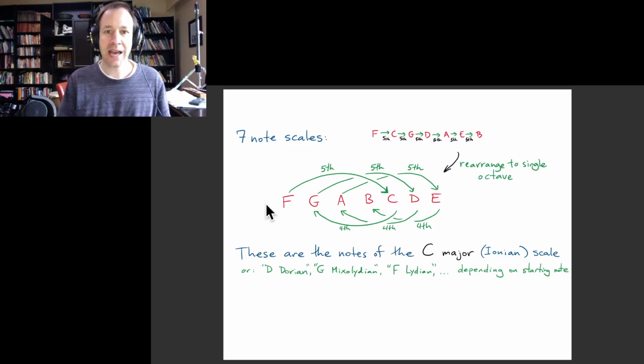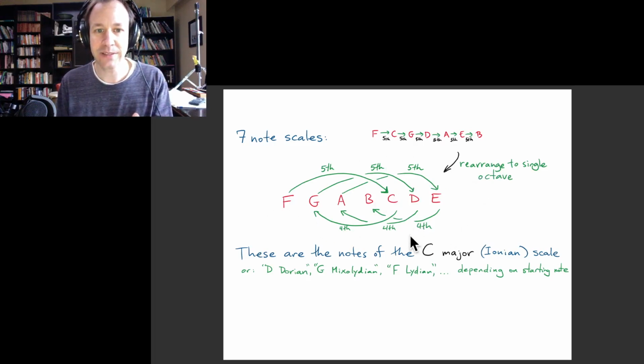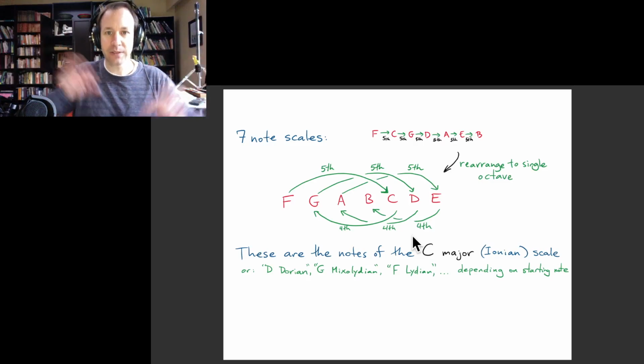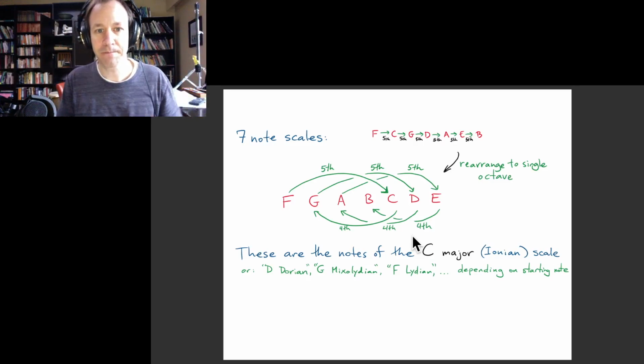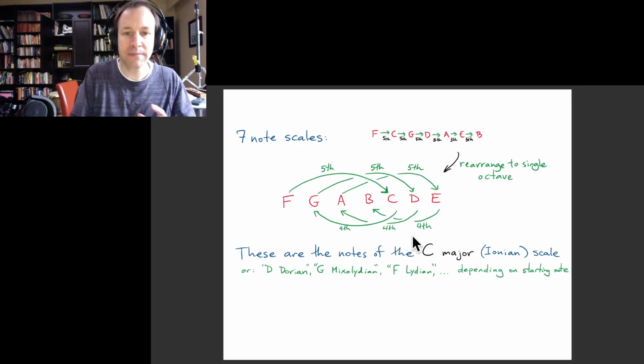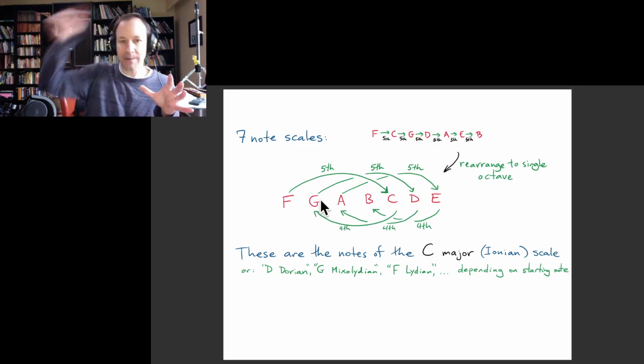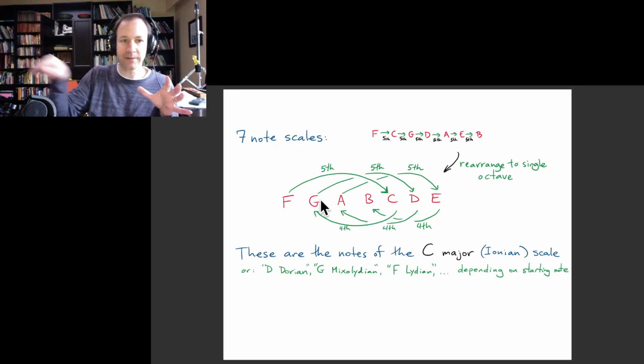The final collection of notes is then the same set of notes that we had for the C major scale, once you bring them down to the same octave. The relationship between the notes looks like this, where you go up a fifth and down a fourth and up a fifth and down a fourth.